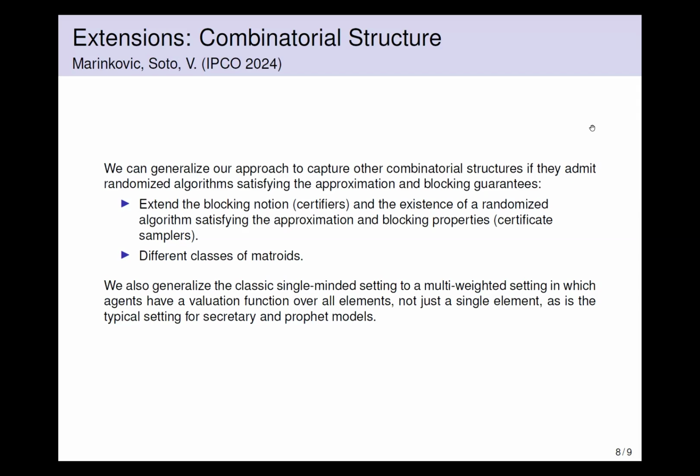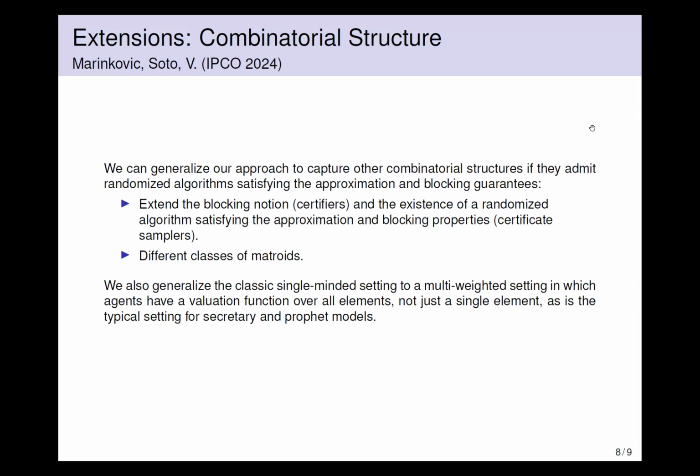But when you look at different classes of combinatorial constraints, for example, matroids, typically in all the models we consider that agents are associated to an element in the ground set of elements in the matroid, right? For example, if you are looking at, let's say, a uniform matroid, every time that you have an element arriving, it's an agent.